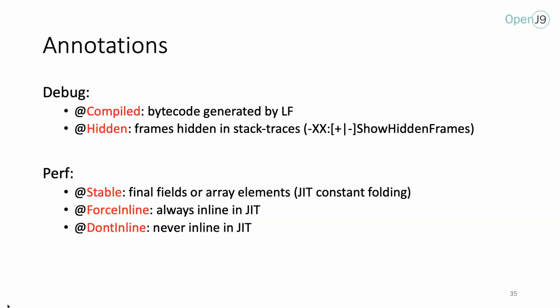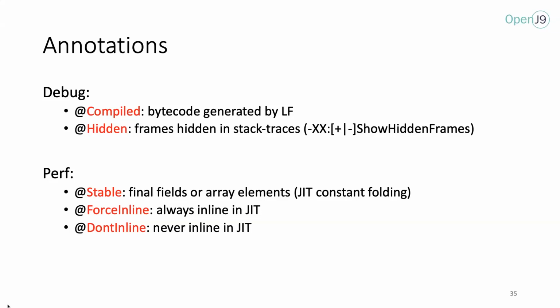And the hidden annotation is also attached to frames which are supposed to be hidden in stack traces, and the methods that are generated for Lambda forms also have this hidden annotation associated to it.